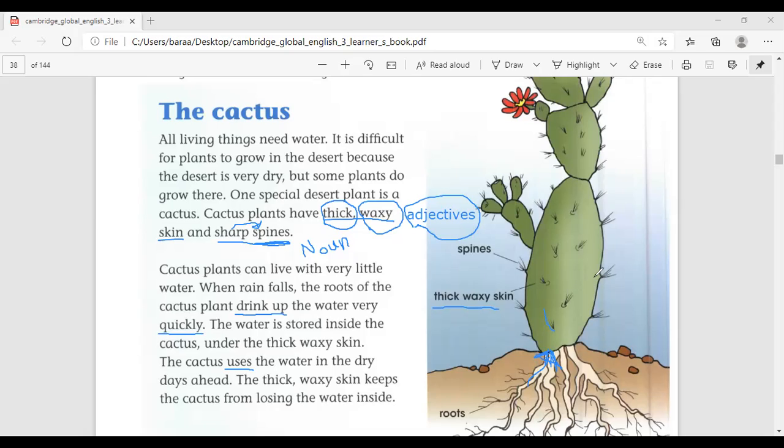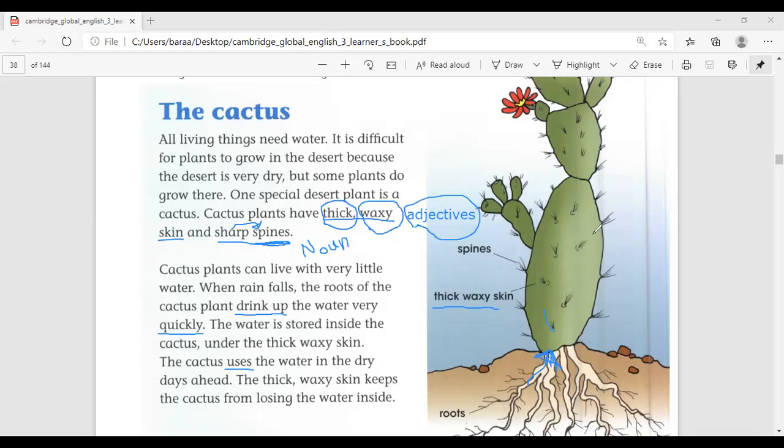We all know this is a stem, but it's not a normal stem. It's thick and waxy, which helps the plant store water for a long time.